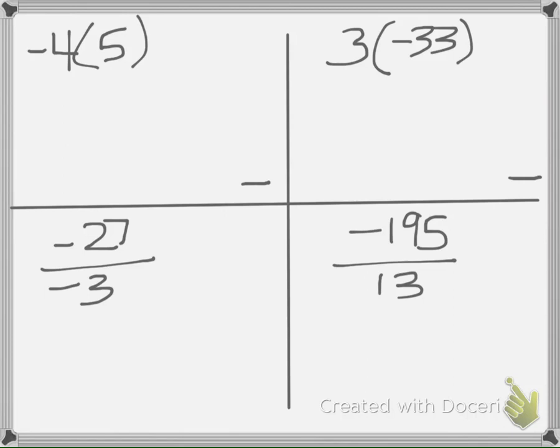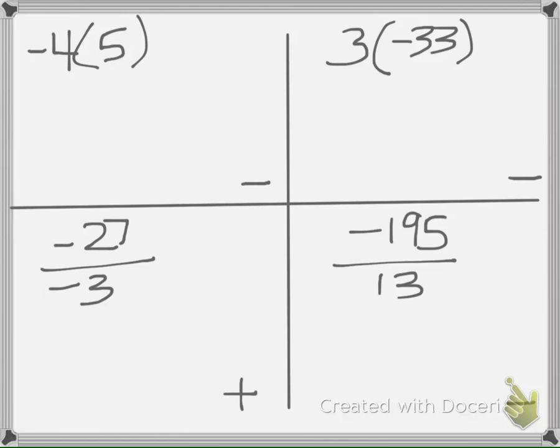Next, we have negative 27 divided by negative 3. A bad thing is happening to a bad guy. That's a good thing. And here we have a negative divided by a positive, and you should know the routine now. Even if you're just looking at the signs, they're opposite, so the answer must be negative.